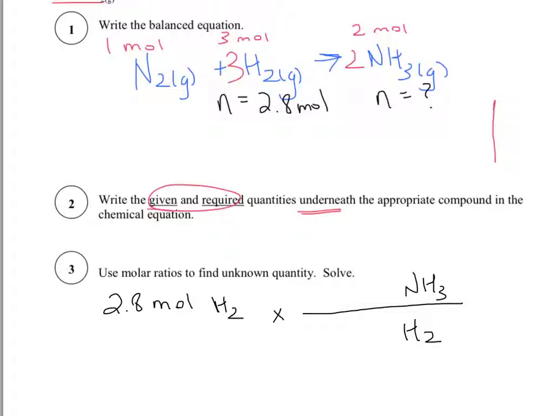Now, according to the chemical equation, we see that we have 2 moles of NH3 for every 3 moles of H2 gas.